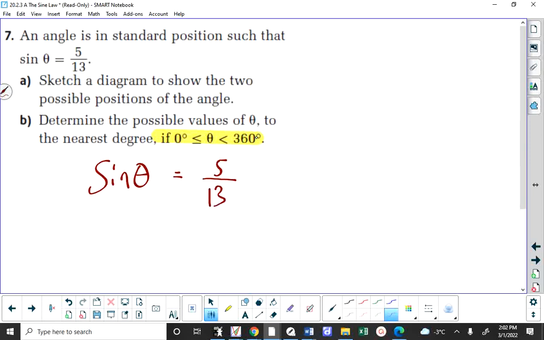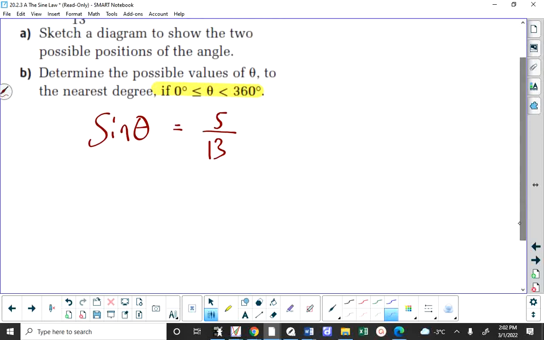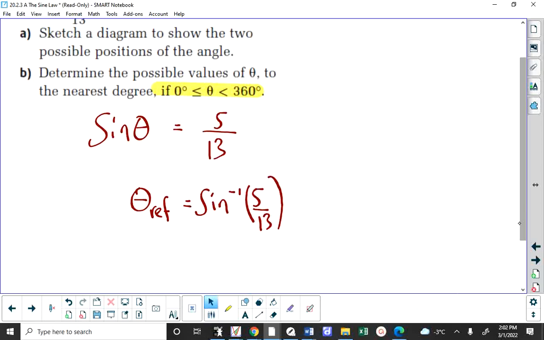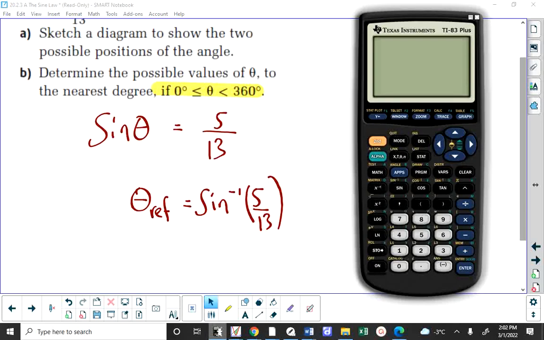It's the ratio of y over r, but that's really not that important in answering this question. Your first step is to unwrap the sine and find a reference angle by taking the inverse sine of 5 over 13.